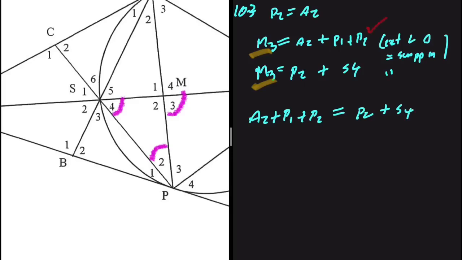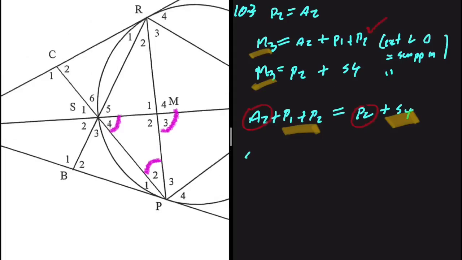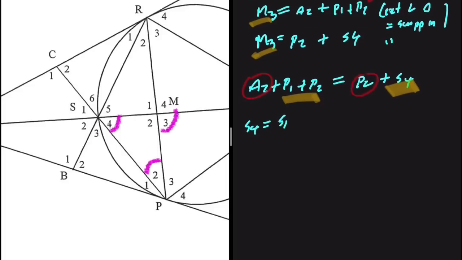Okay, so we want to prove that A2 is equal to P2. If we can find a way to show that P1 plus P2 is equal to S4, then A2 will be equal to P2. So that's what we essentially want to prove, right? So let's go ahead and try doing that. We already know that S4 is equal to S1, right? They are vertically opposite.